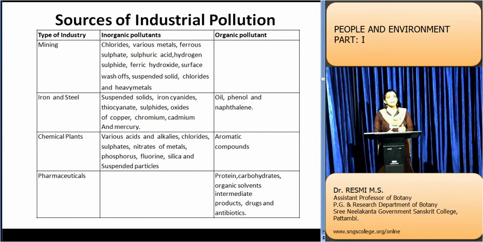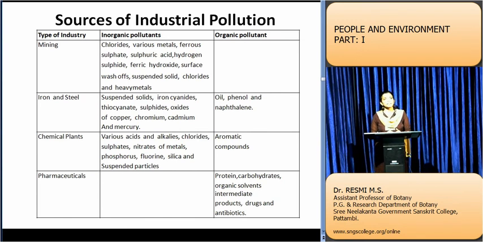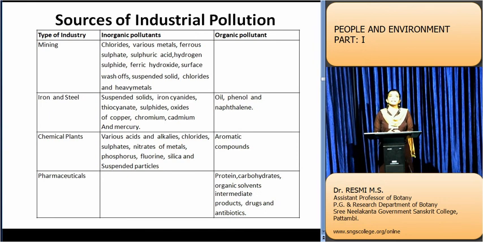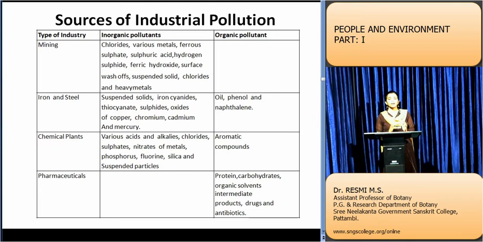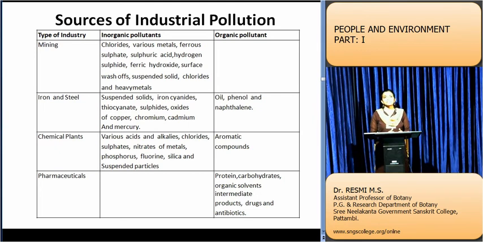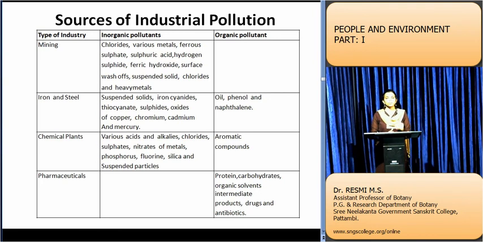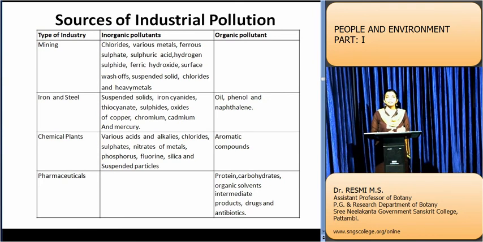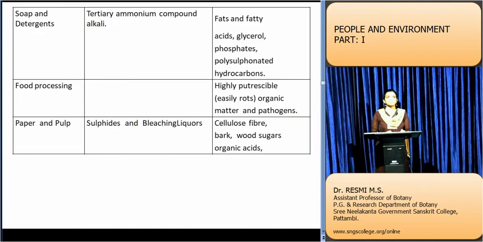And from chemical plants, various acids and alkalis, chlorides, sulfates, nitrates of metals, phosphorus, fluorine, silica and suspended particles are discharged into water bodies. It also spills certain organic pollutants such as aromatic compounds into water bodies. And the medical field, that is the pharmaceutical industry, doesn't spill any inorganic pollutants into water, but it can spill organic pollutants such as protein, carbohydrate, organic solvent, intermediate product, drug and antibiotic into the water bodies.